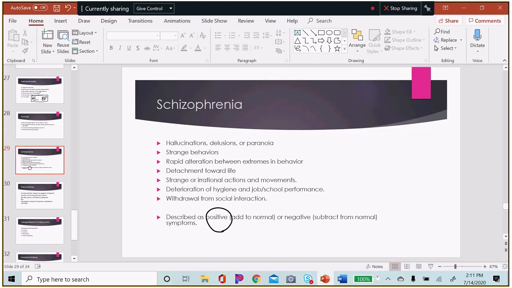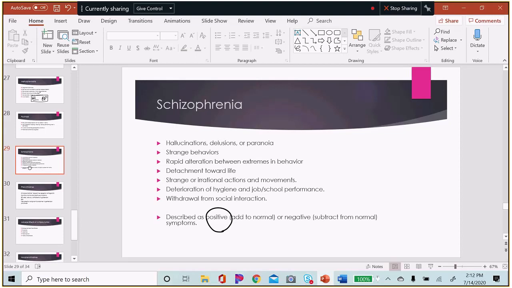Negative symptoms of schizophrenia subtract from normal behavior. So these are the deterioration of hygiene and job and social performance, withdrawal from social interactions, detachment towards life. Those are the negative symptoms. The negative symptoms are harder to treat than the positive symptoms.